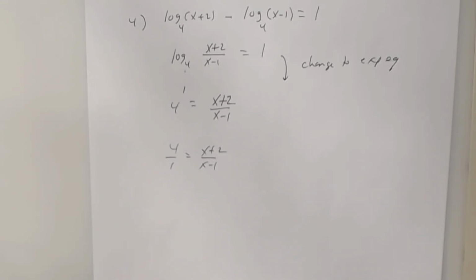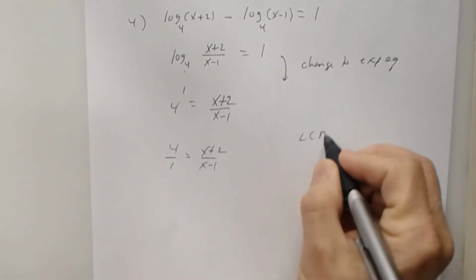That's your LCD. Just like on test 3, you had 3 fractions. That one's harder than this one, because how many fractions are here? 2. So what's your LCD? So you multiply both sides by x minus 1.